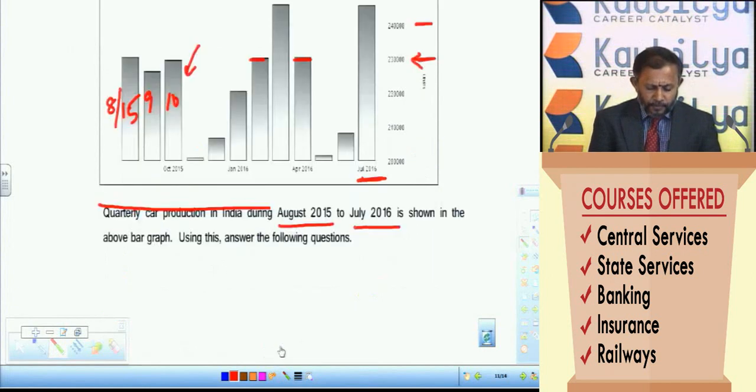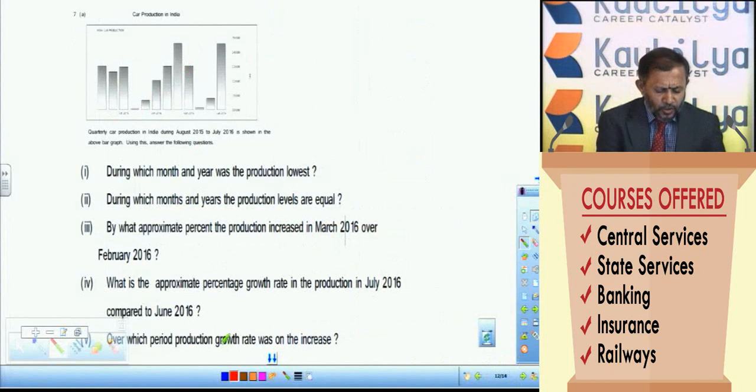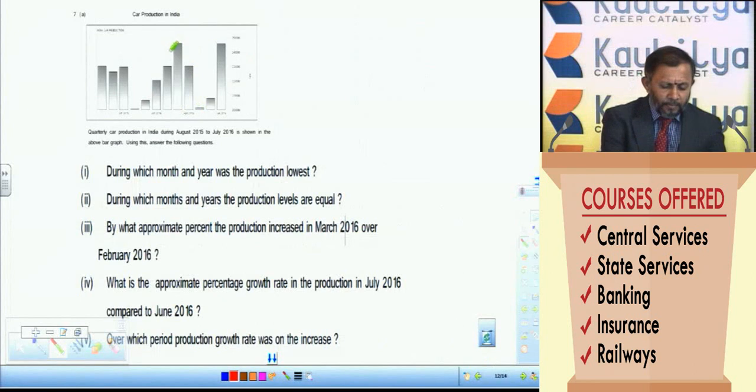Here what you have to observe is during which month the production was lowest. We can simply identify physically that the production is maximum in these two cases, and of course we can make a comparison, and minimum in these two cases.